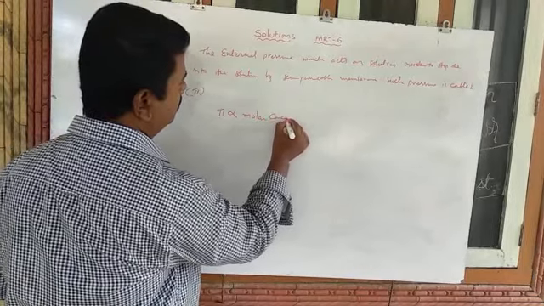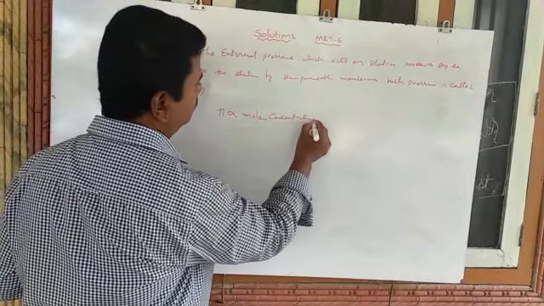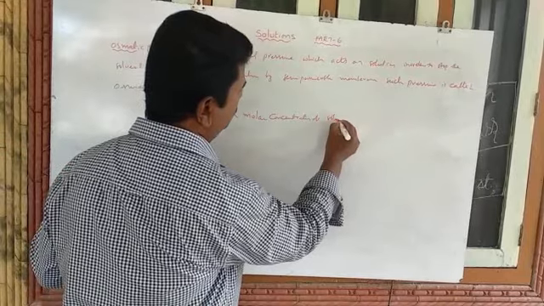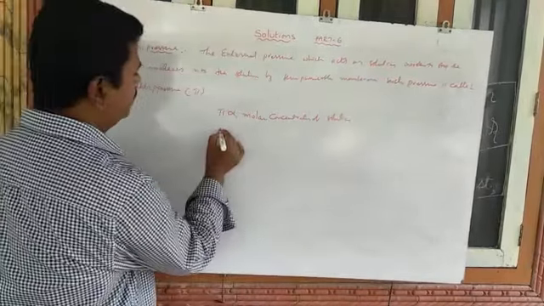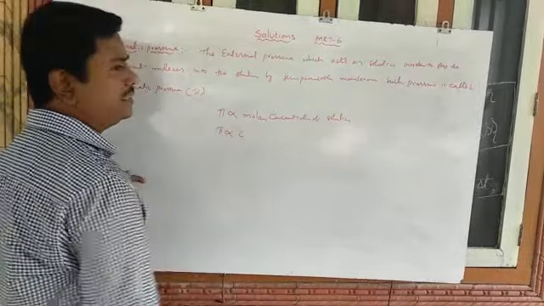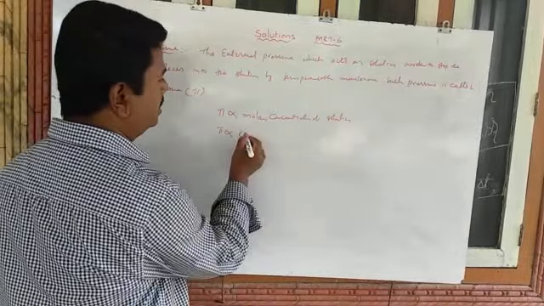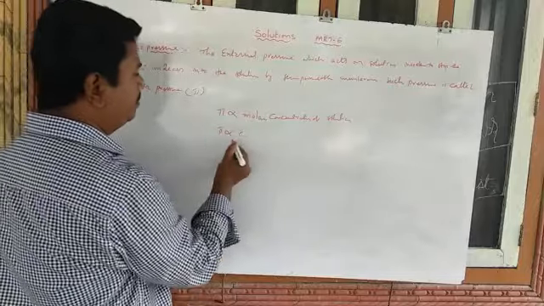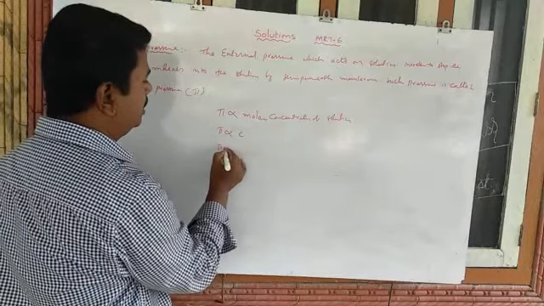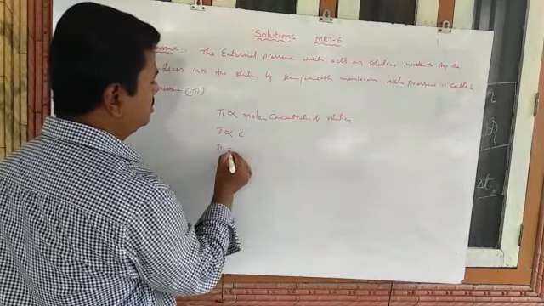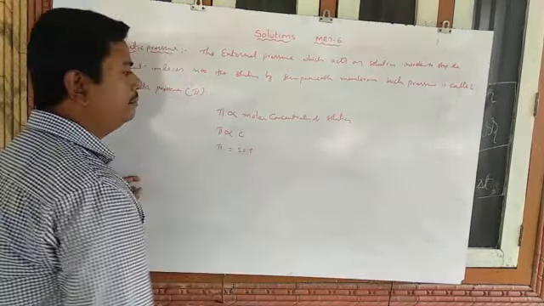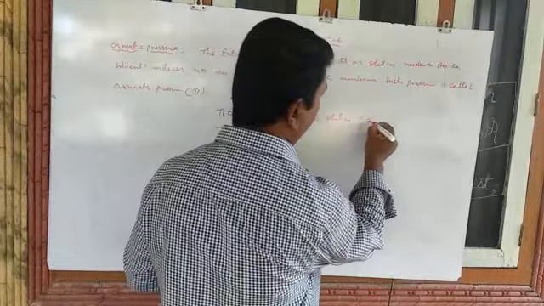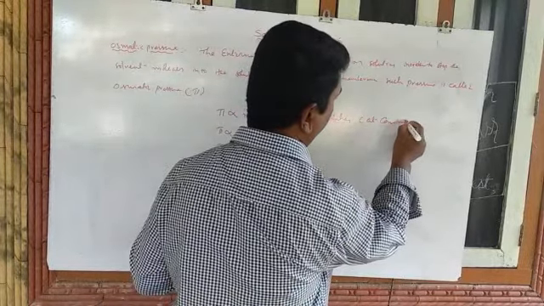Molar concentration of the solution. That means pi is proportional to C. Here C is called the molar concentration. By removing the proportionality, multiply with a constant S and the molar concentration C and also T, because at constant temperature.